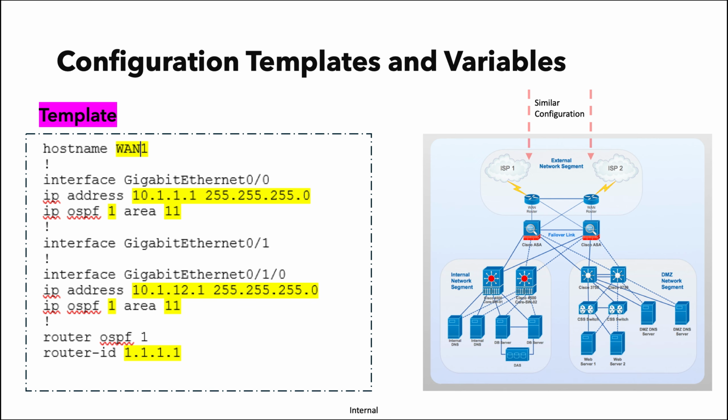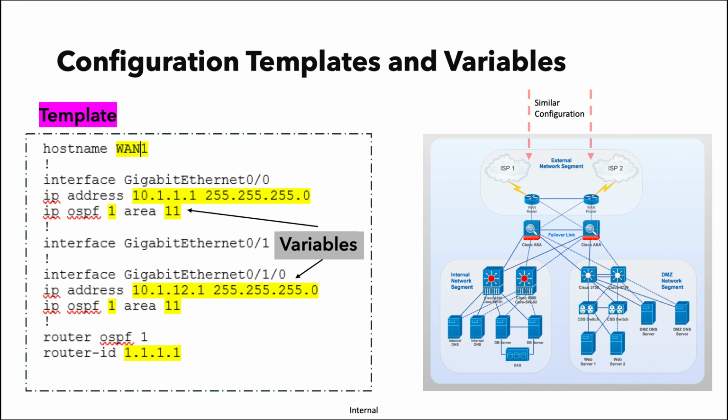Another part includes the configuration which is unique to any one device. Here in this case, we have WAN 1 router. So these values are unique and they are called variables. For example, IP address and host name will be different on those similar role devices.